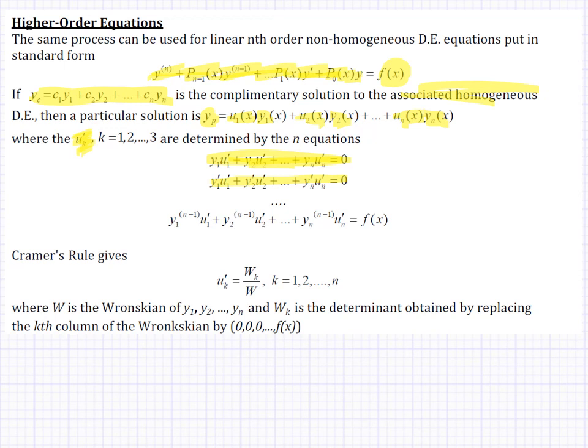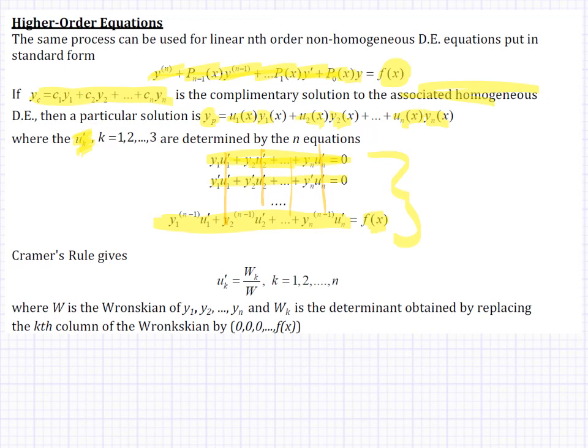When we plug all that in to the original differential equation, we're going to be left with a particular equation at the end, okay, which would be another equation that has u1 prime and u2 prime and u3 prime, etc., equals f of x. Here's our system of equations, all of which have the same set of unknowns, u1 prime, u2 prime, u3 prime, u4 prime, un prime.